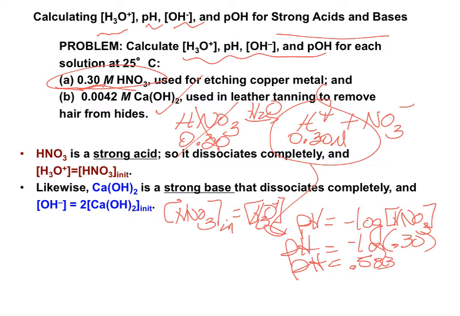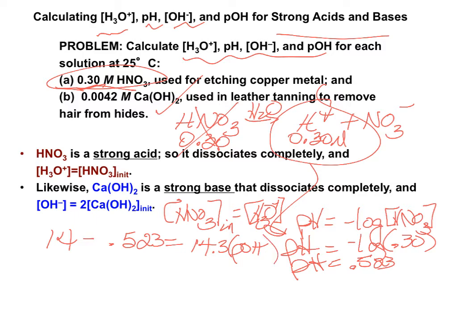It's quite acidic, isn't it? And then, hopefully remember that 14 minus either pH or pOH gives you the other one. So if we have 14 minus 0.523, we get the pOH, and that is 14.3.